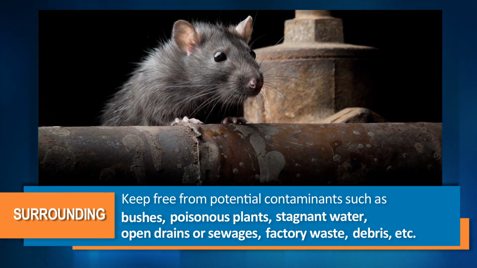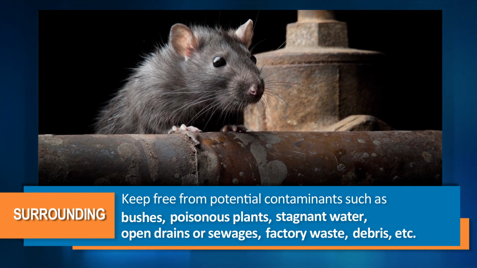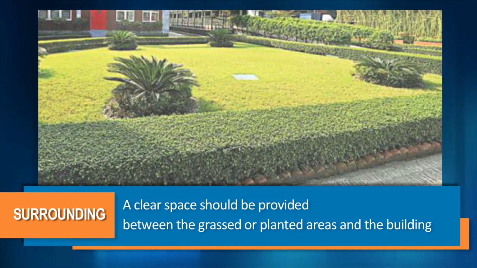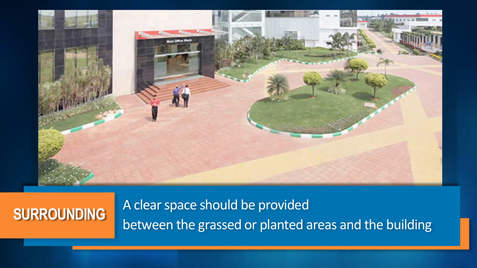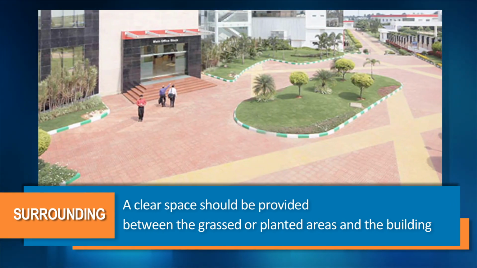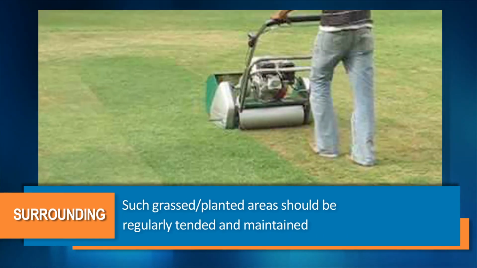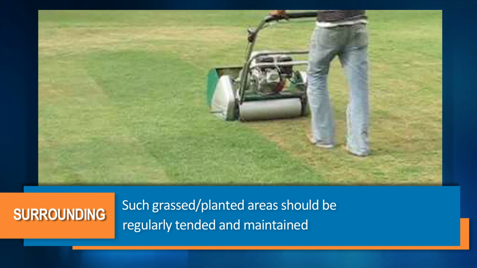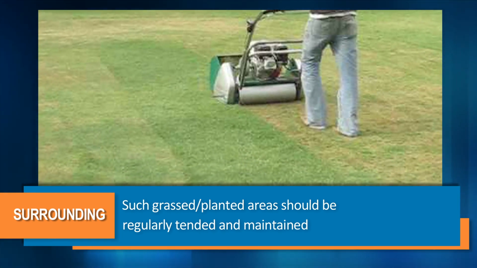These pests may enter the establishment and pose a hazard to food safety. Where buildings are surrounded by grassed or planted areas, a clear space should be provided between the grassed or planted areas and the building. Such areas should be regularly tended and maintained.